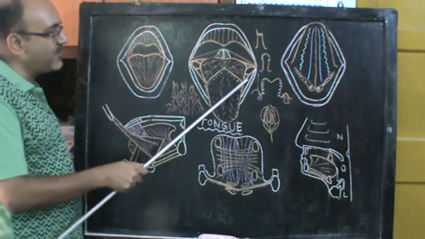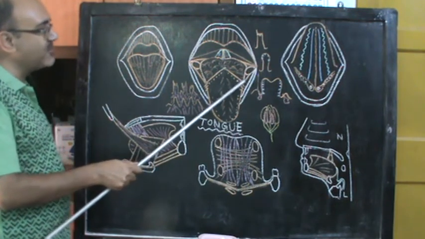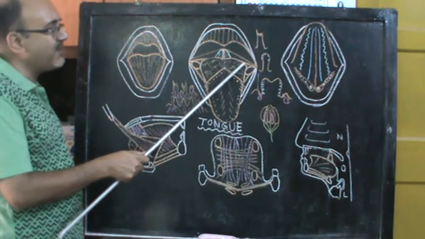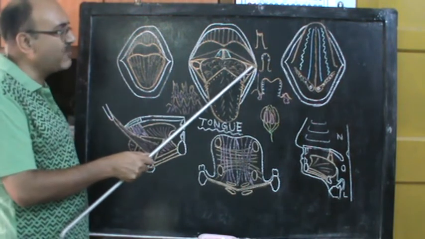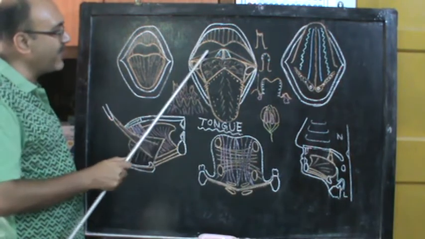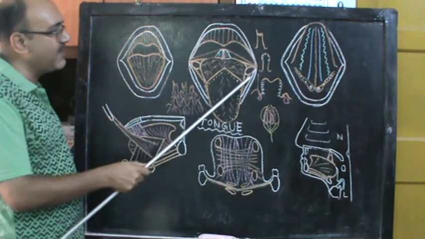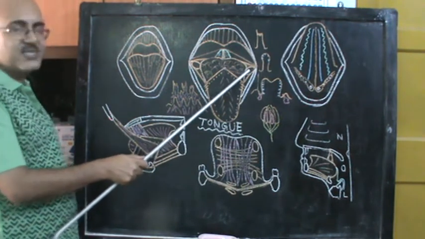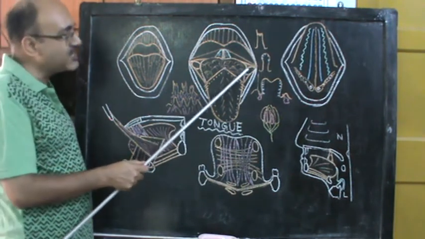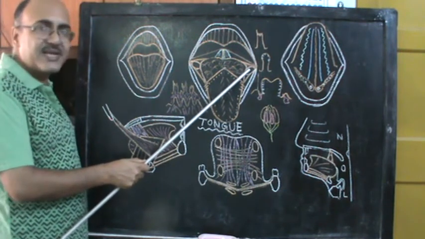On the side walls of the posterior 1/3 of the tongue, anteriorly you have the palatoglossal arch, posteriorly you have the palatopharyngeal arch. This is going down into the pharynx. The triangular gap between the palatoglossal and the palatopharyngeal arches is the tonsillar fossa, which contains, as you can see here, the palatine tonsil.